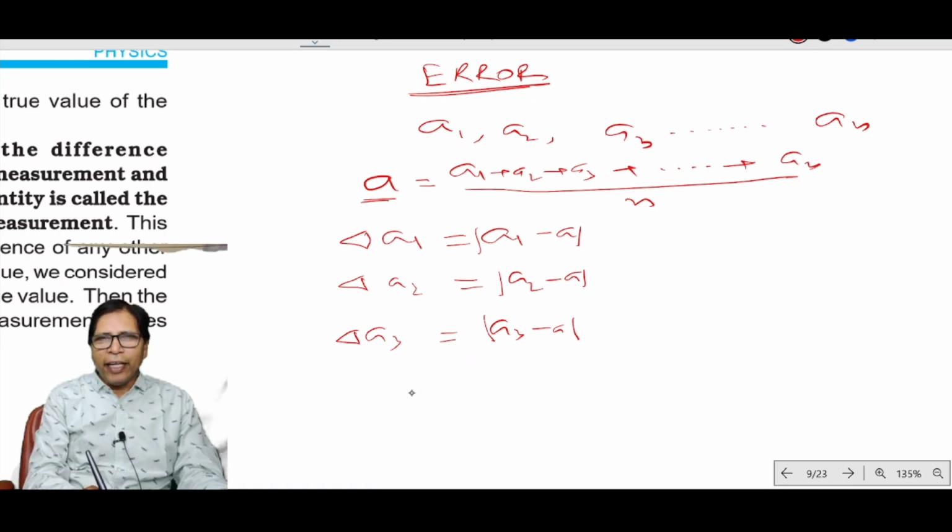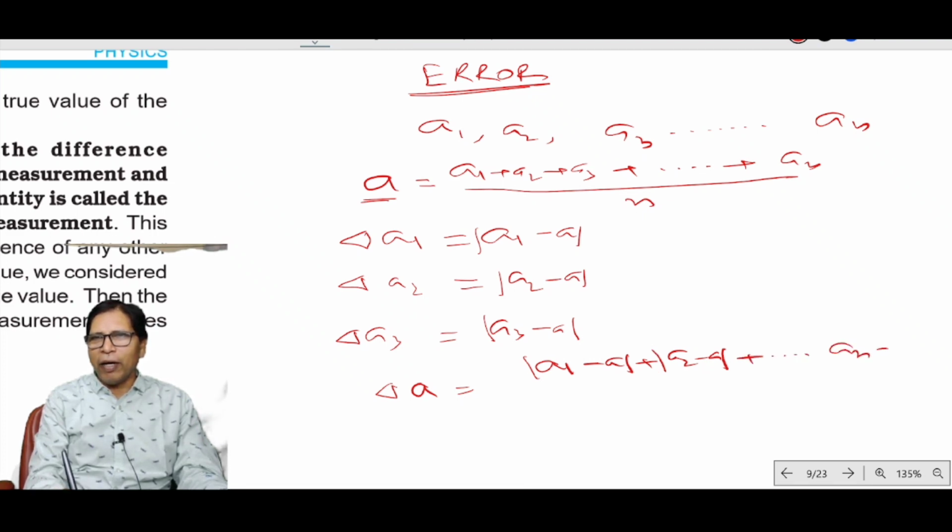So look at this, the absolute error delta A is the average value of these errors. So the average value of error is mod of A1 minus A plus mod of A2 minus A plus up to mod of AN minus A, whole divided by N. This is the absolute error.